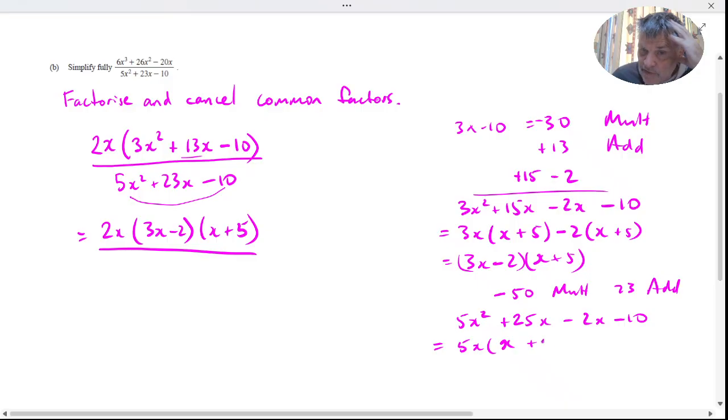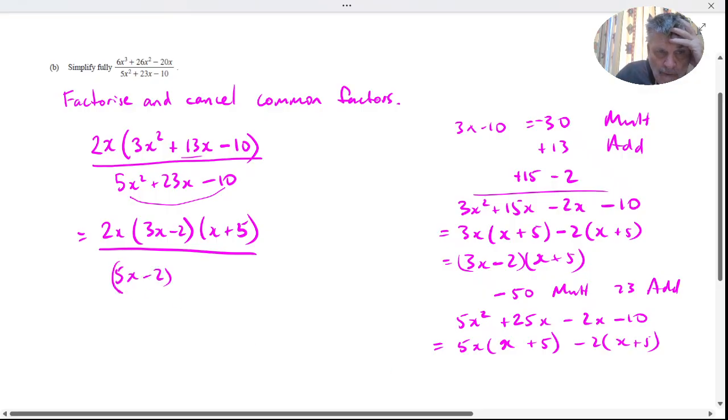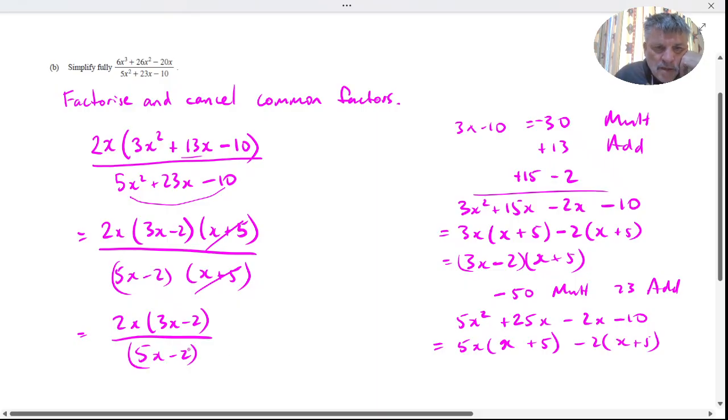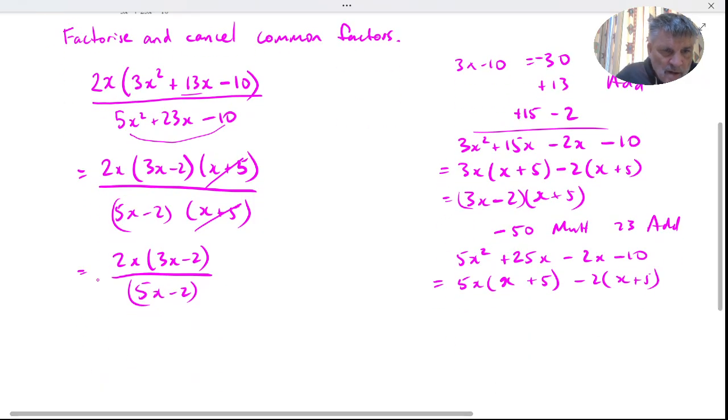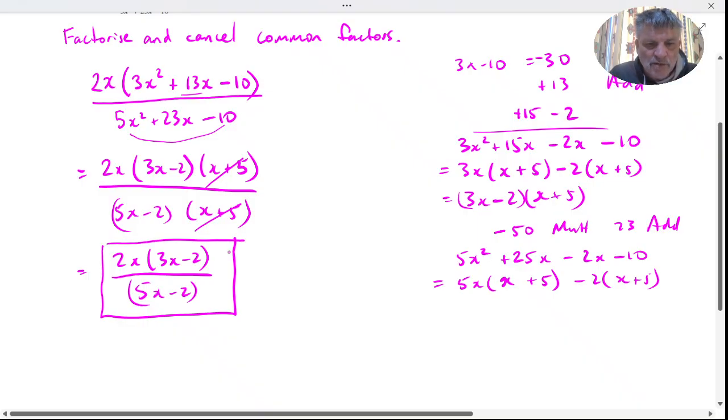It's times x plus 5 minus 2. It's very similar. So we get 5x minus 2 and x plus 5. And then we see these two terms are common, so we can cancel those out. And there are no other common factors, so we cannot simplify any further. So this is our solution.